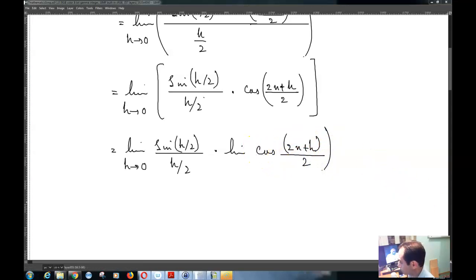I'm sorry, that's a part of the angle. This is the part of the angle. So that is the cos of 2x plus h divided by 2.